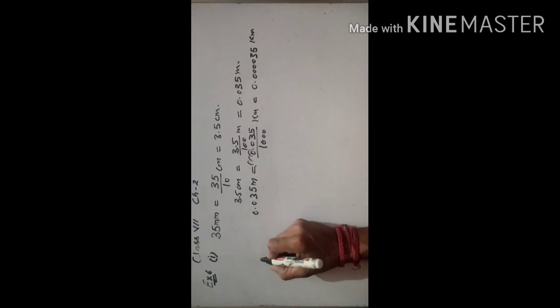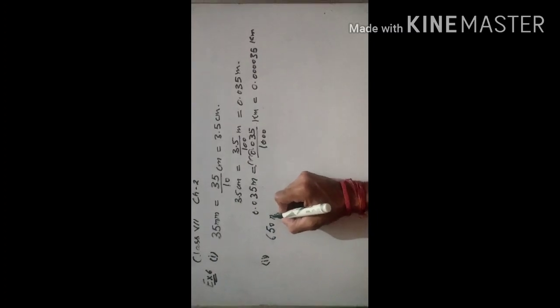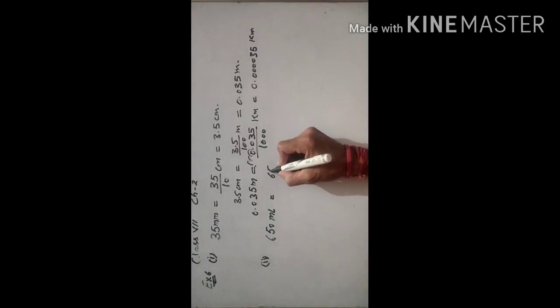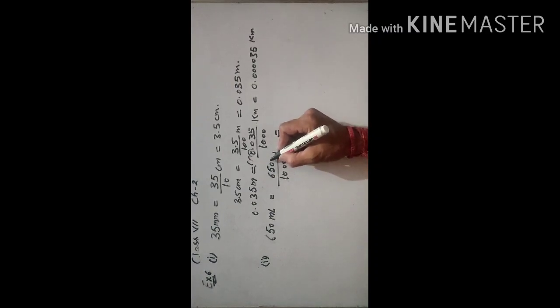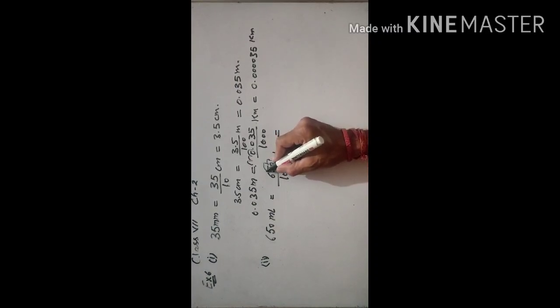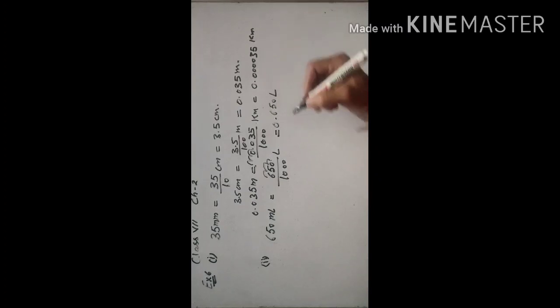Second part is express 650 milliliters in liters and kiloliters. 650 milliliters is equal to 650 upon 1000 liters. The decimal is here, 1, 2, 3, so 0.650 liter.